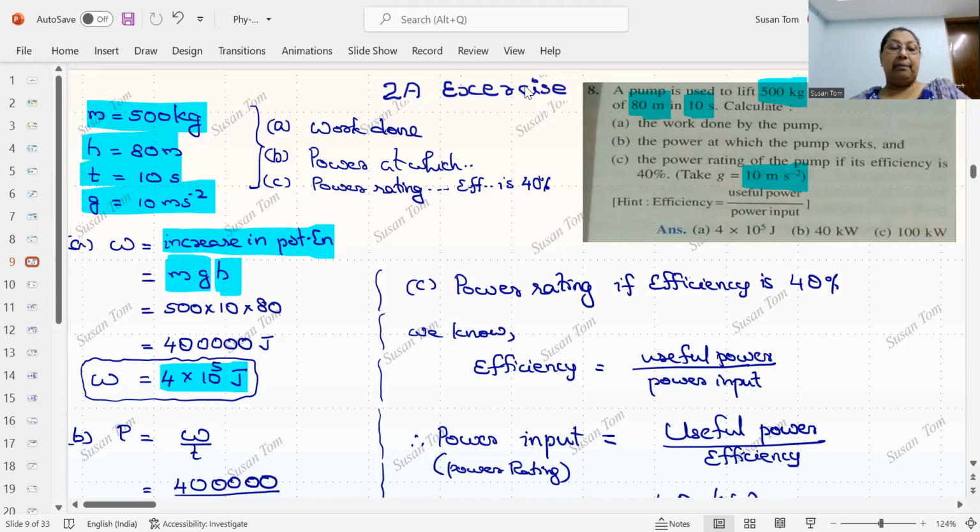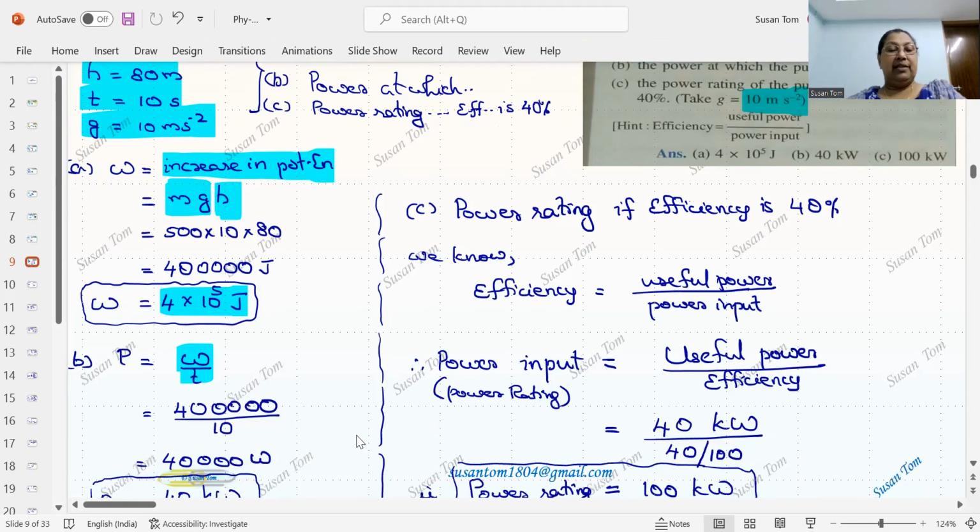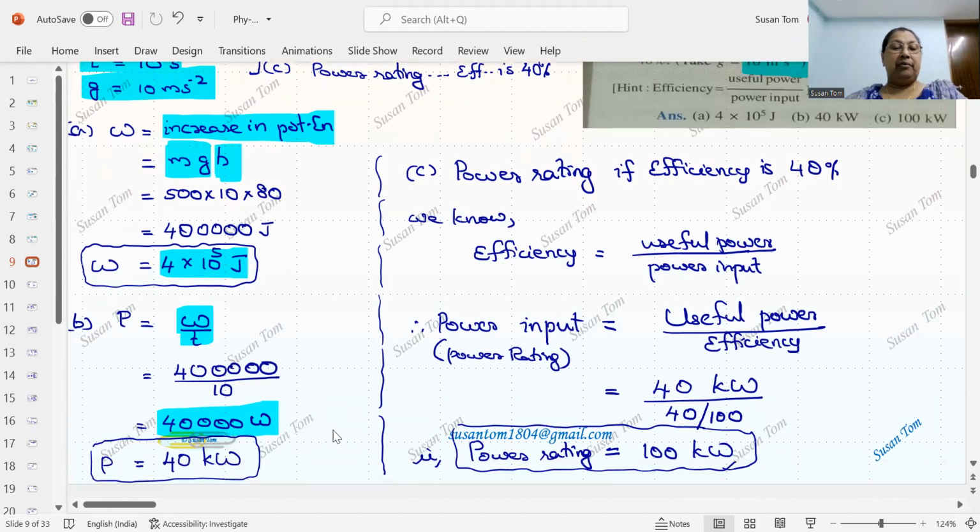The second part, B part, is the power at which the pump works. Power is work upon time, 4 into 10 raised to 5, that is 4 lakh upon 10, which is equal to 40,000 watt, which is further equal to 40 kilowatt. Any one of these is fine.